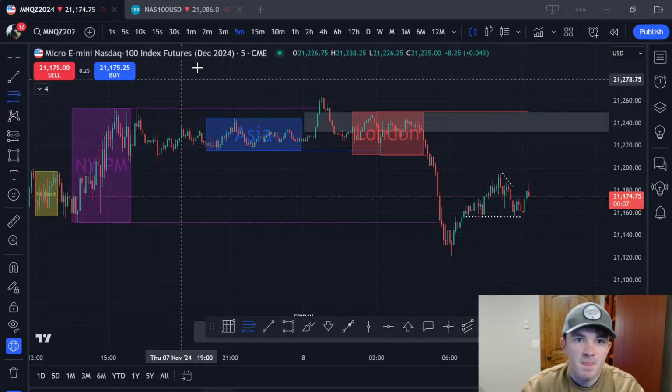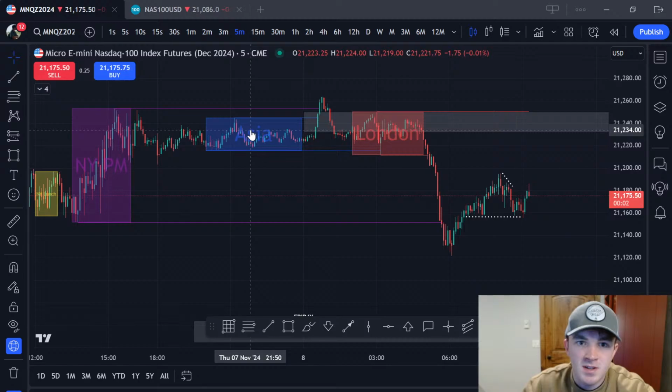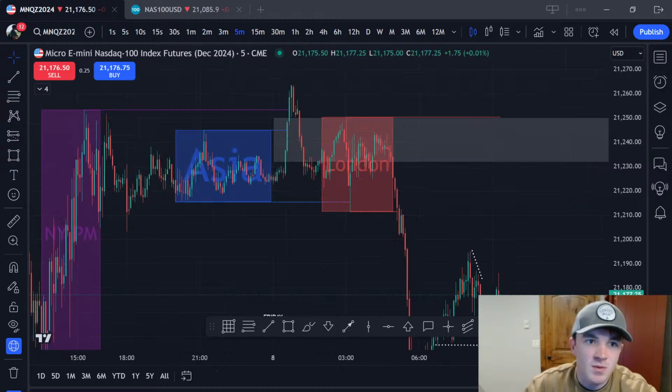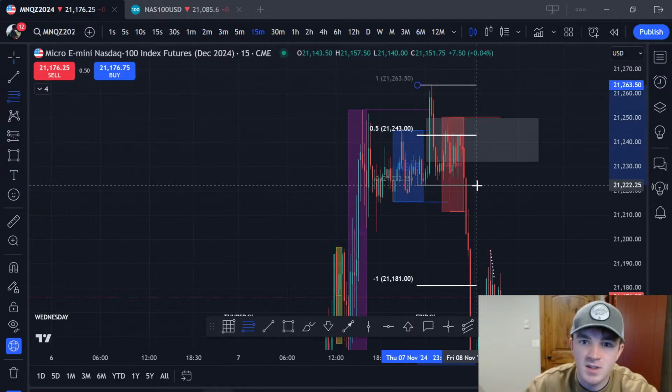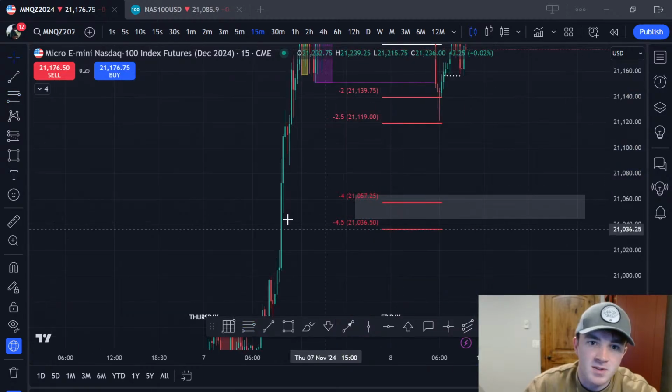This was accumulation, manipulation, taking out PM's high, and then possibly starting distribution. This is what I personally think. If I measure this, the 2 to 2.5 lined up really well with this low. So my guess is we were probably gonna go to the 4 to 4.5, which this low lines up with. That's my guess.